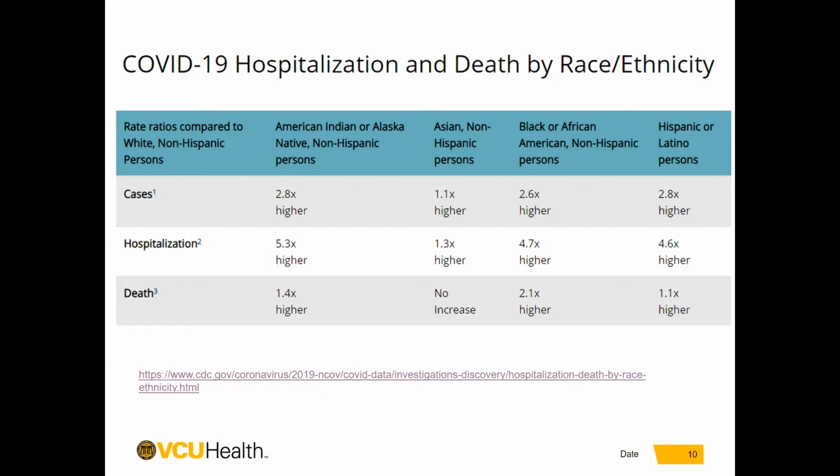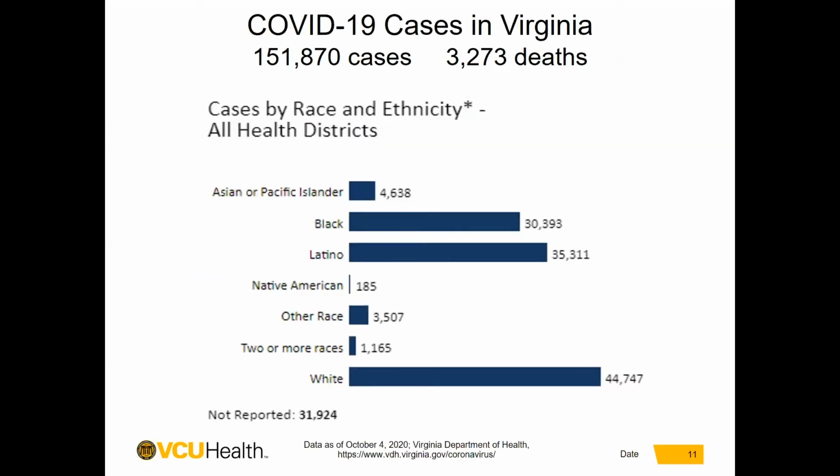As we think about the communications activities, the efforts that are underway to try and help prevent the spread of the disease. When you think about what is happening here in Virginia, we've had almost 152,000 cases since we started tracking the pandemic. What's also interesting is that from day one, we were not tracking cases by race and ethnicity.